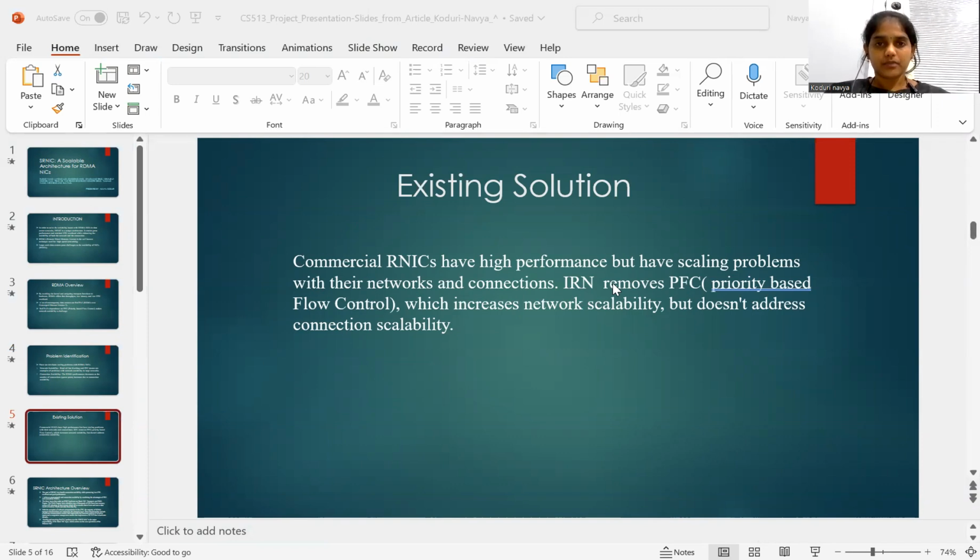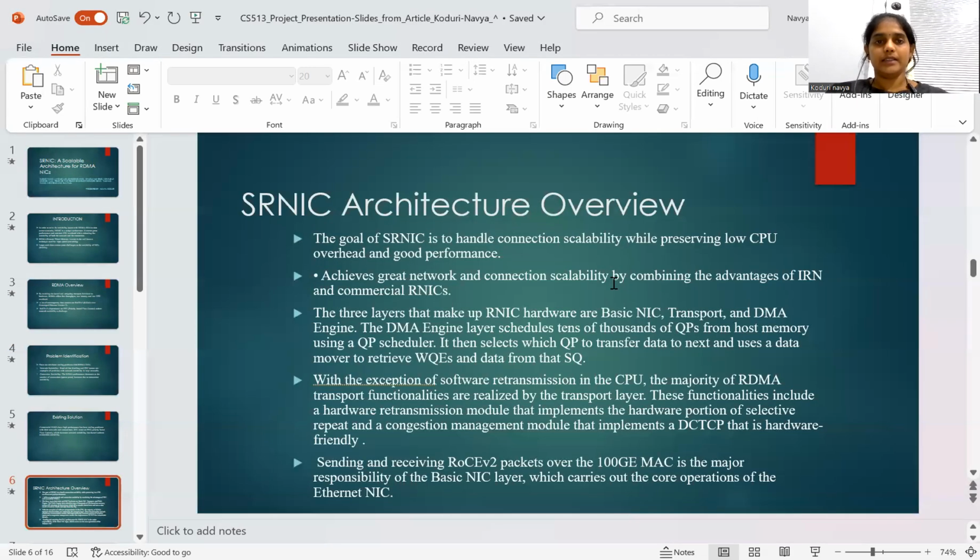And let us discuss the overview architecture of the paper which I have selected, that is SRNIC. This is the architecture overview. Firstly, the goal of SRNIC is to handle the connection scalability while preserving low CPU overhead and good performance.